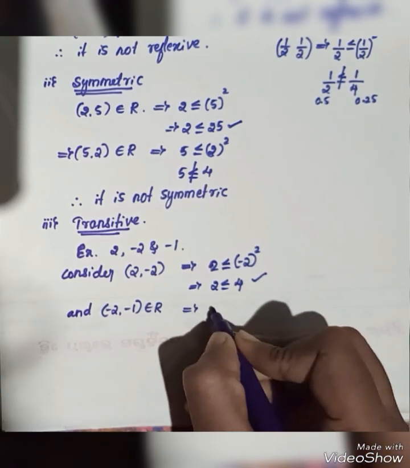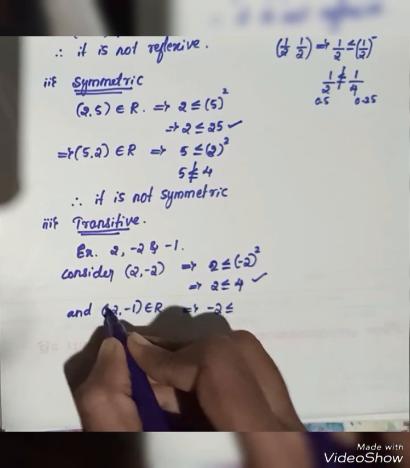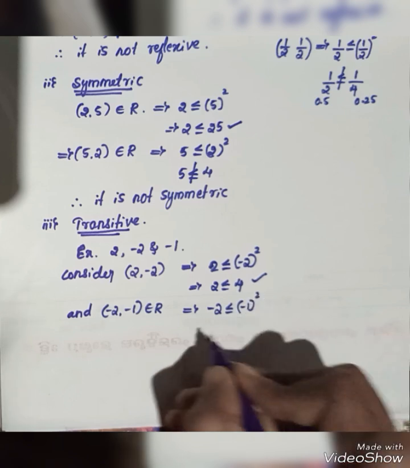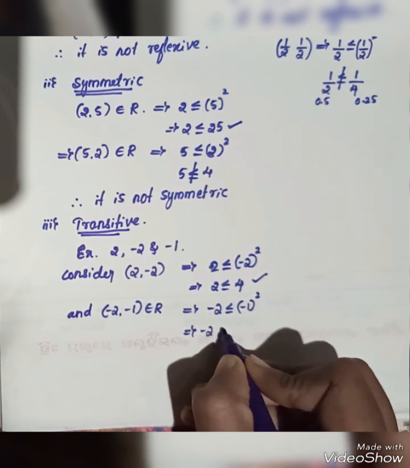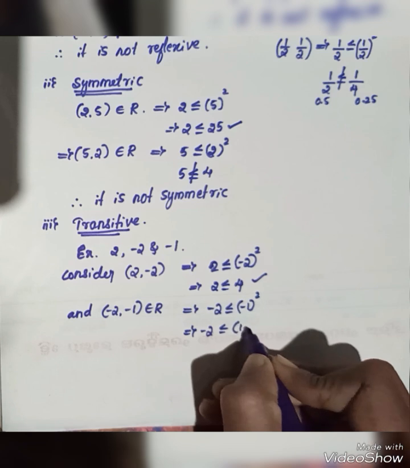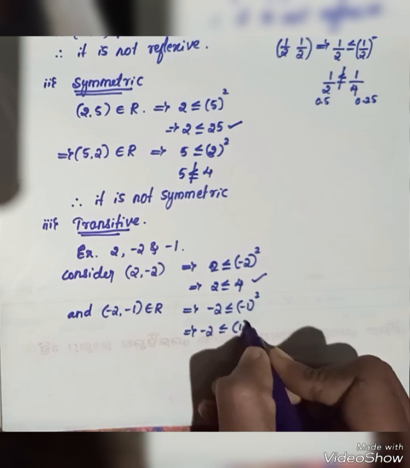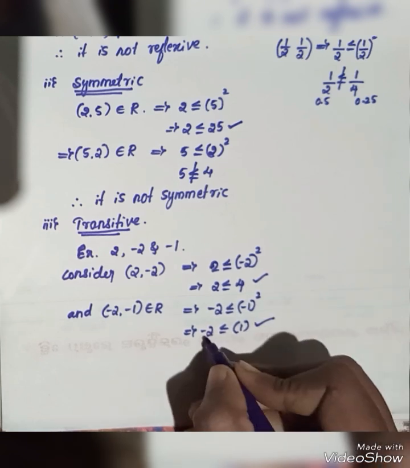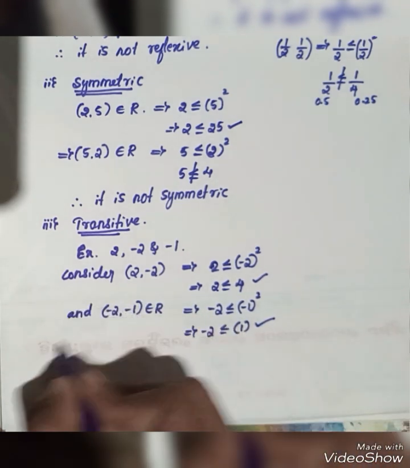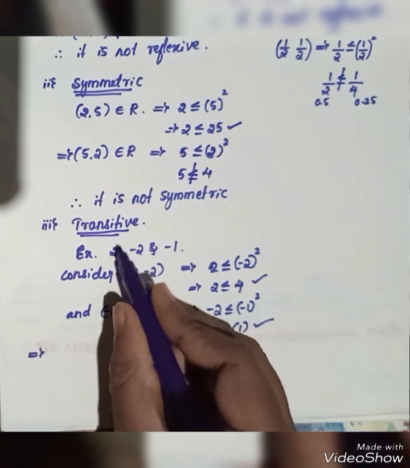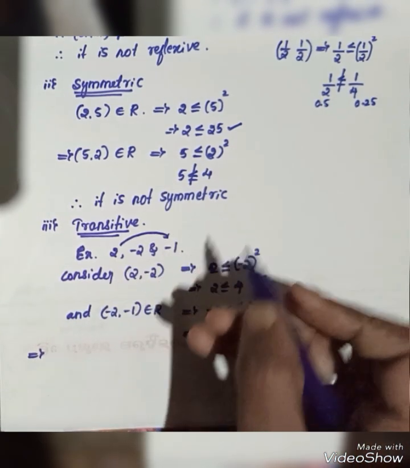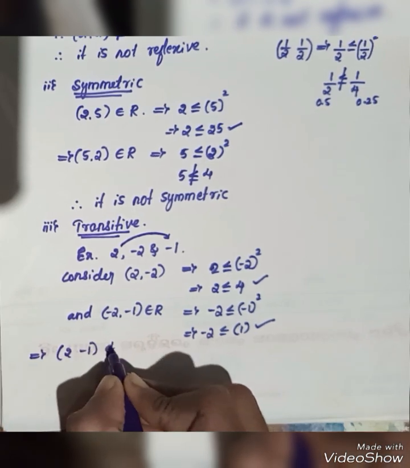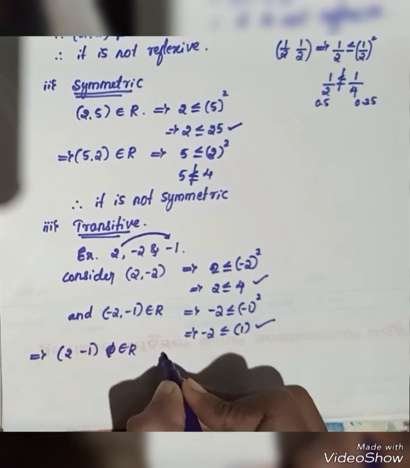That implies minus 2 is less than or equal to minus 1 square, taking this one as A and this one as B. That is, minus 2 is less than or equal to 1, since minus 1 square is 1. This condition is satisfied because minus 2 is less than 1. Now taking 2 and minus 1, does 2 comma minus 1 belong to R?